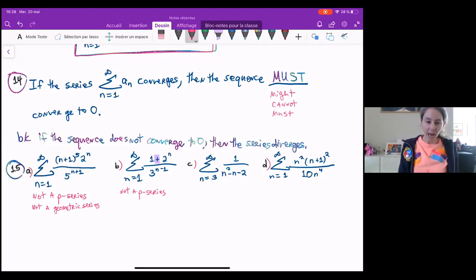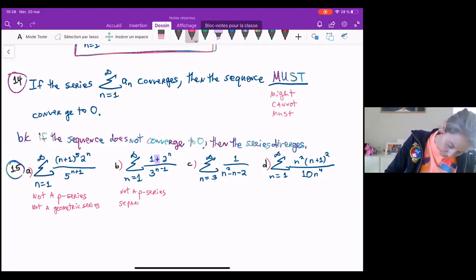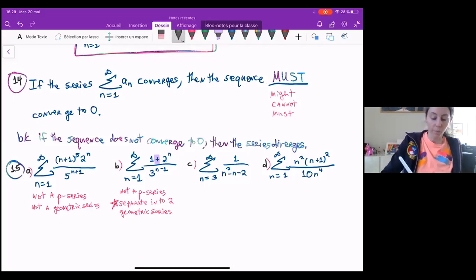So this can be separated into 2 geometric series. So we have identified the way that we are going to do B. Okay, let's keep going.